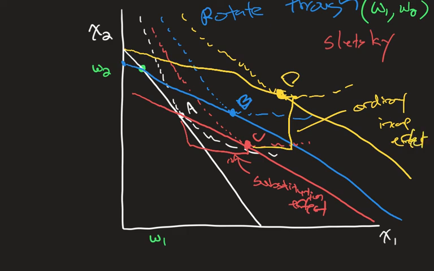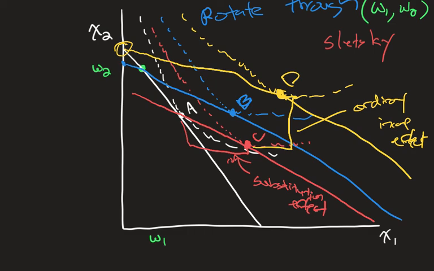So we're effectively holding your real wealth constant in terms of how much X2 you could buy. We're looking at what decision you'd make on those new prices, holding that old real wealth constant. And then that shift from C, which was the movement induced by just the price change, holding your real purchasing power constant, now you move from C to D because you feel richer with that new price change.